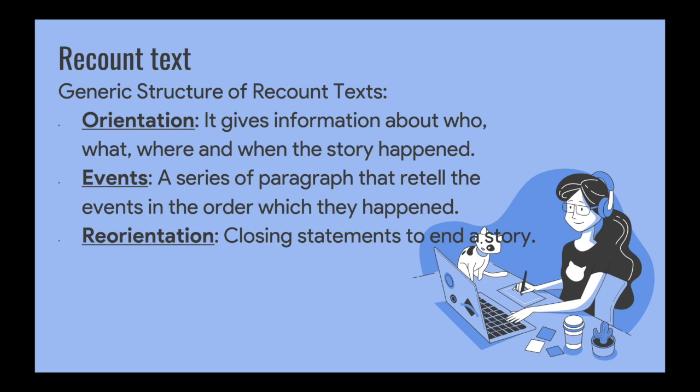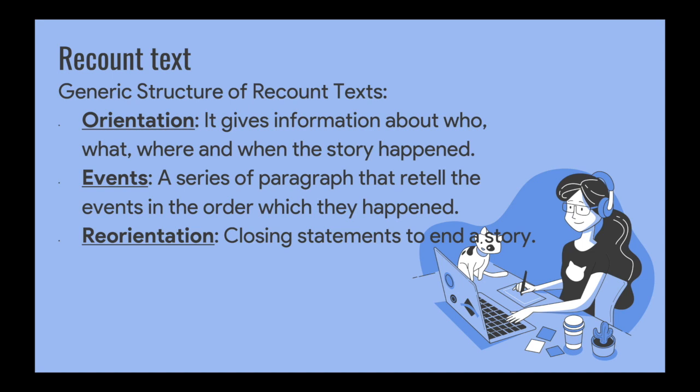In general, recount text has some structure to it. It always starts with orientation, which gives you general information about who, what, where, and when something happened. And then there is a series of events, what happened, usually in order.